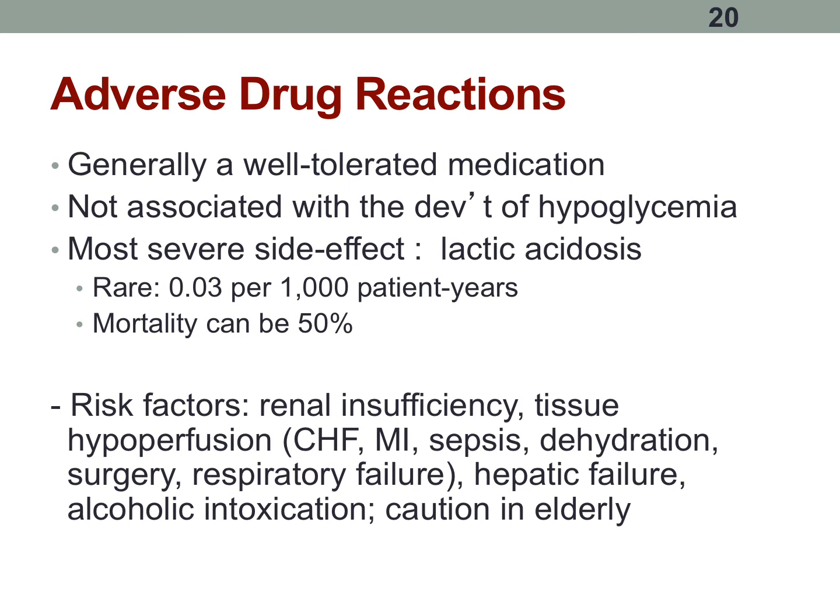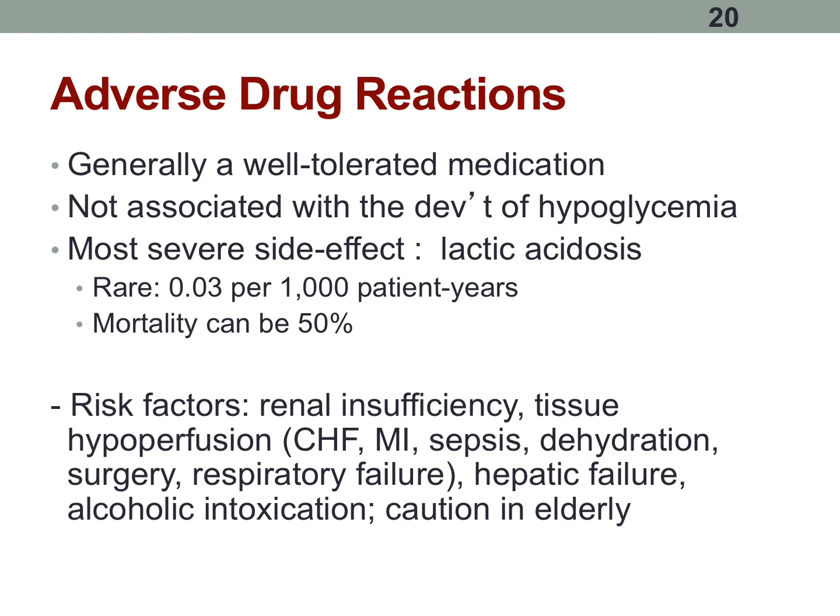So any form of shock, any form of hypoperfusion, hypovolemia, or even hypoxemia, and also liver failure, kidney failure, even alcohol intoxication. They're the ones who could be predisposed to this lactic acidosis.